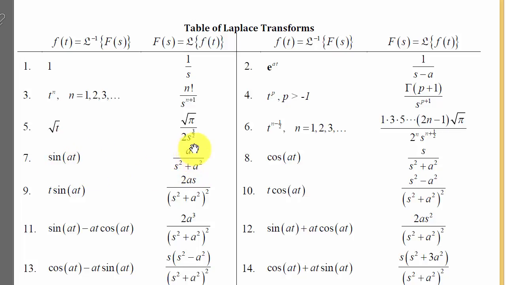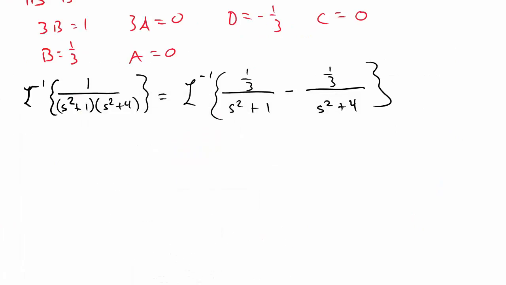But notice I need a in the numerator, a over s squared plus a squared. In this case, a is 1, because I can rewrite 1 as 1 squared. So I need a 1 up here, so I'm going to bring out the 1/3.